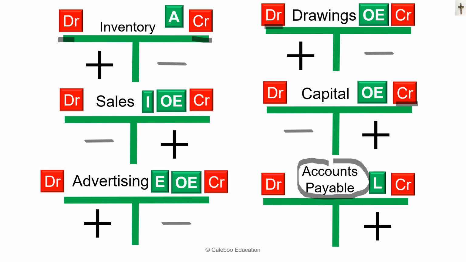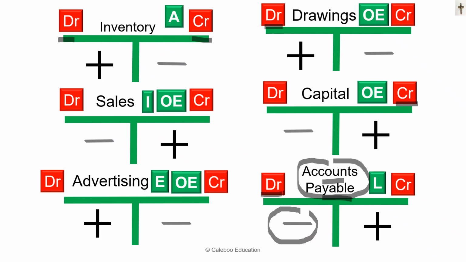If we pay a supplier, what we owe will decrease. So if we pay our liability, the value of what we owe decreases, and that liability account will get debited. For example, accounts payable, when we pay a creditor.